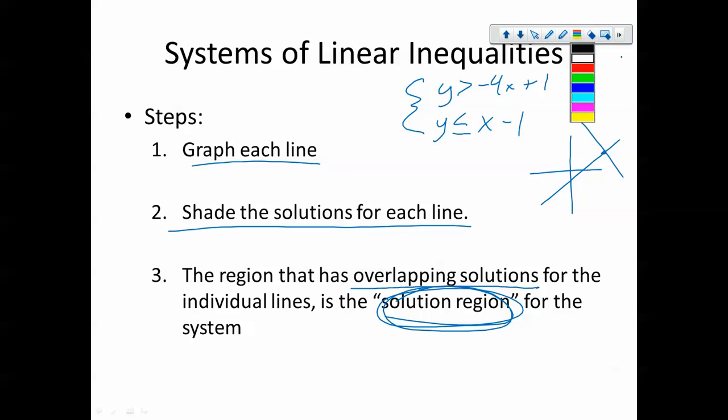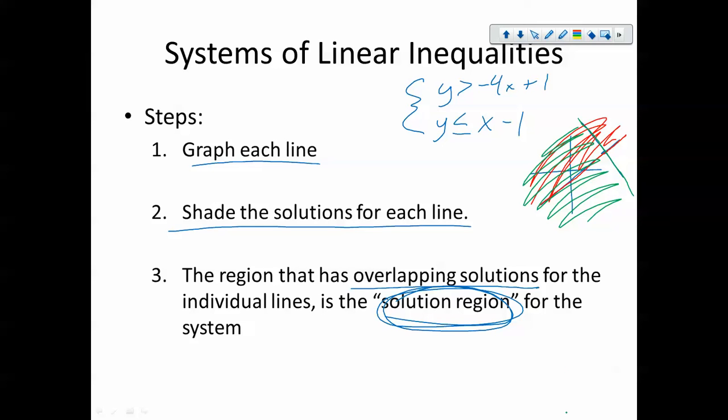So to use this example over here, let's say this line we shaded the top, and this other line, this one here, we had to shade the bottom. The overlapping area is the area with the solutions.